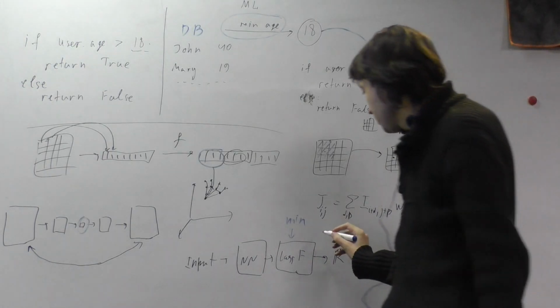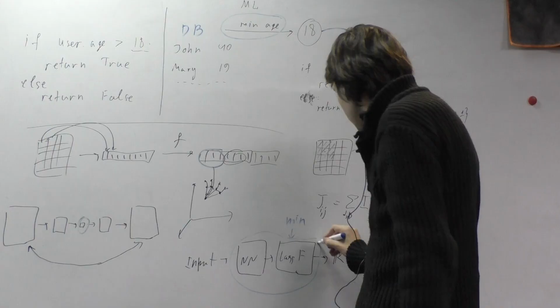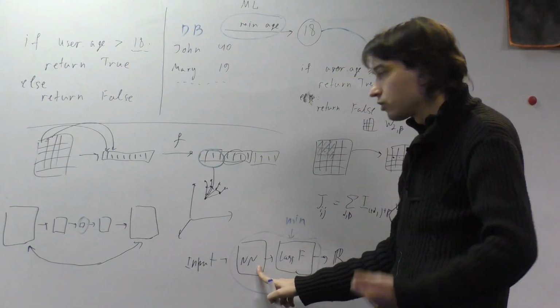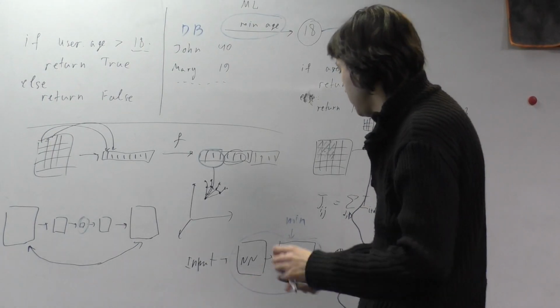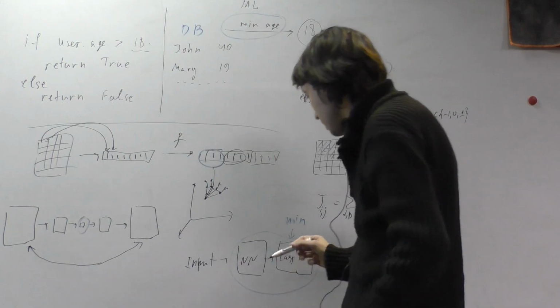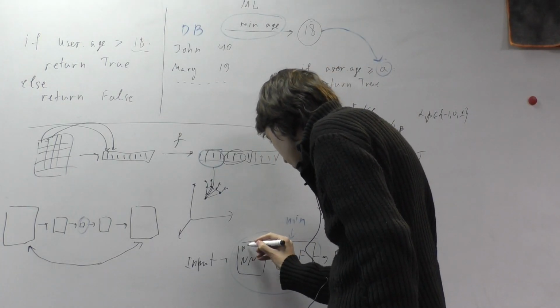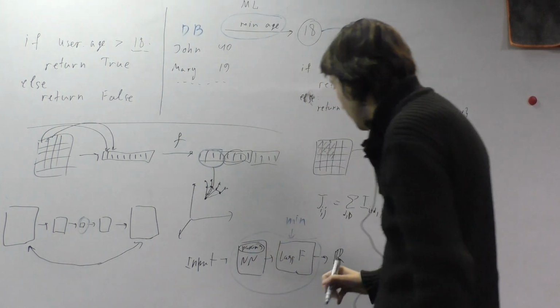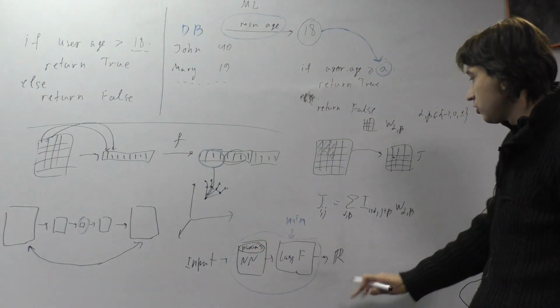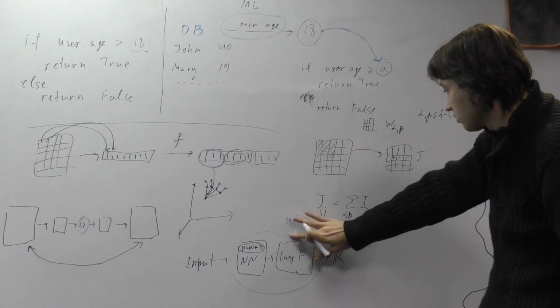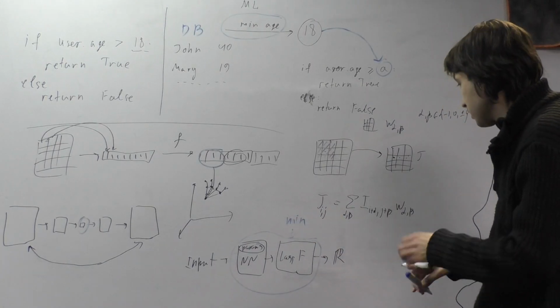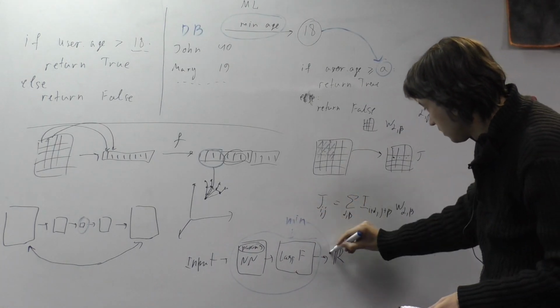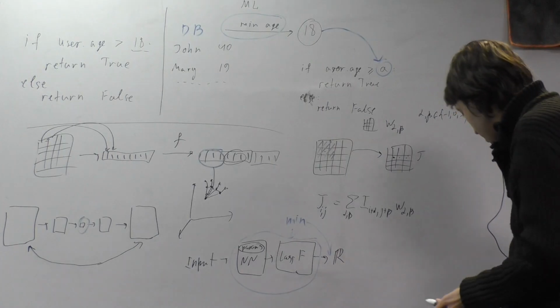So you are trying to minimize that by changing the parameters of the neural network. The neural network contains many different parameters. So here you have some parameters, and by changing these parameters you are trying to obtain the minimal value here. So let me better draw it.